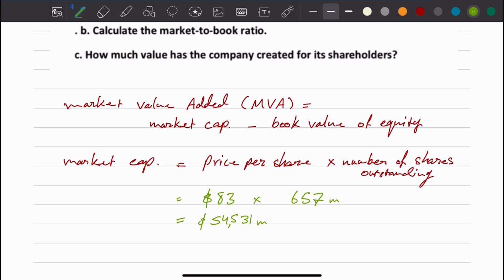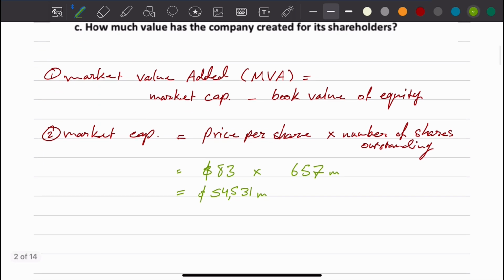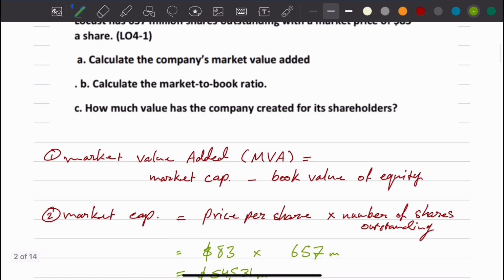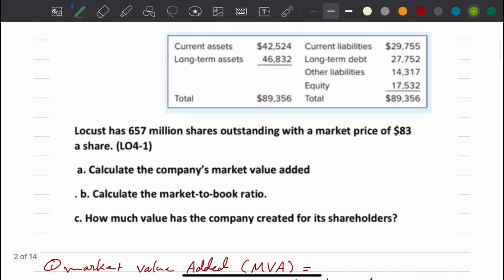Okay. Now going back to our original formula, let's call it formula number 1, this one number 2. So going back and using what we found in number 2 and substituting that in formula number 1, we go back to MVA. So that means market value added equals 54531 in millions minus the book value of the equity, which was given to us right here.